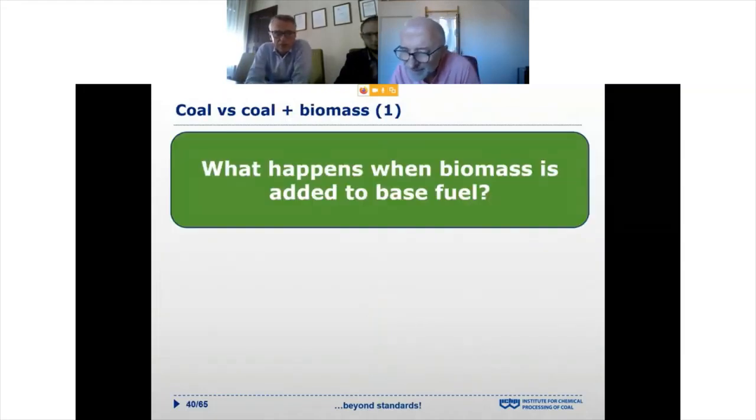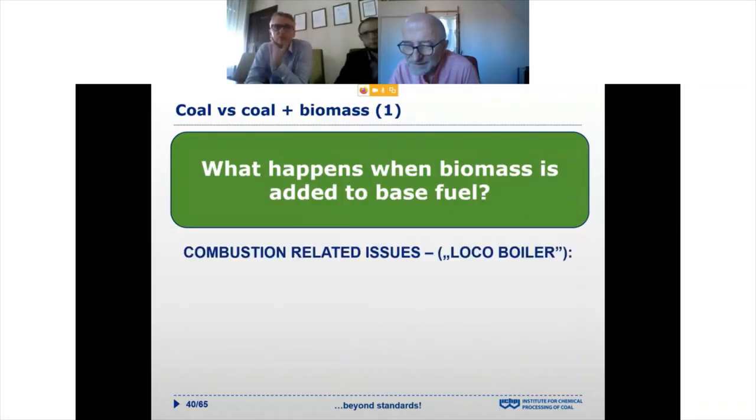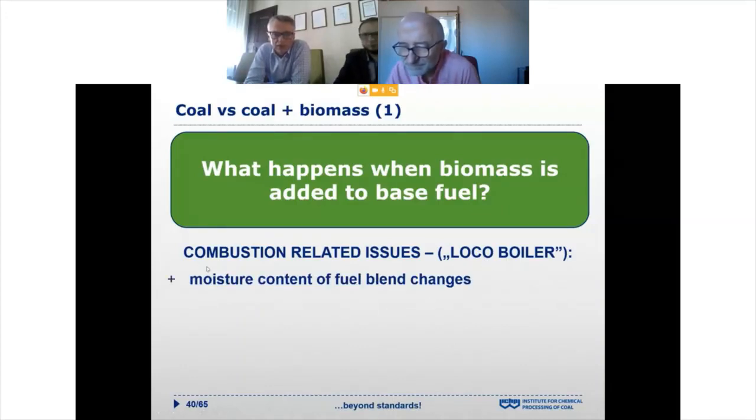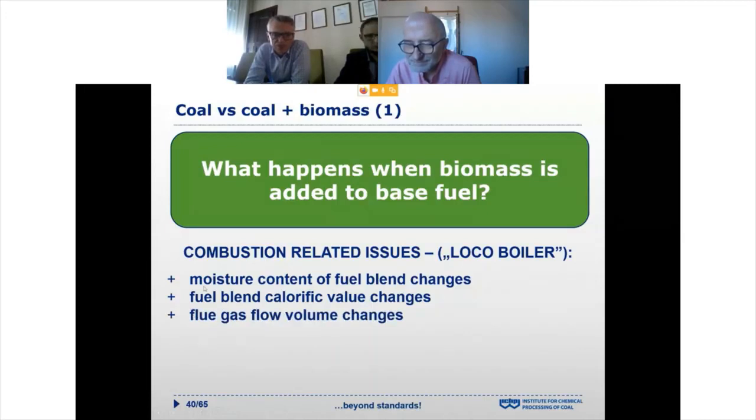So let's try now to summarize a little what happens when biomass is added to the base fuel. We have two groups of issues. The first group is combustion related issues, I mean the situation which happens inside the boiler or local boiler. The moisture content of the fuel blend changes, so the consequence is that the fuel blend calorific value also changes.